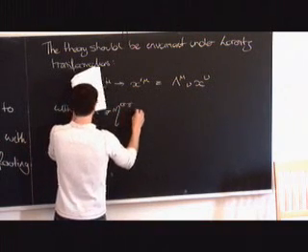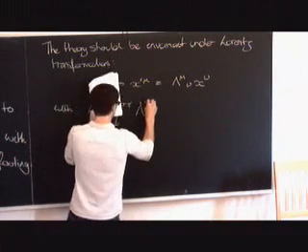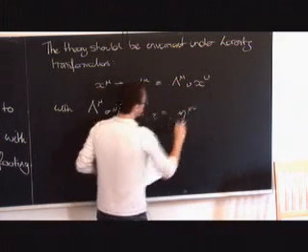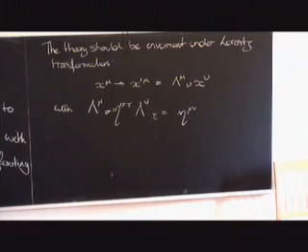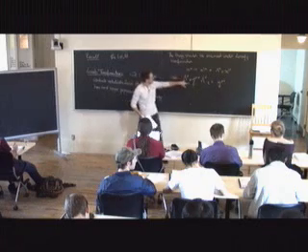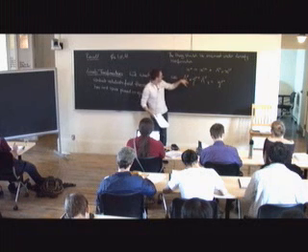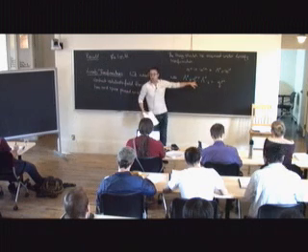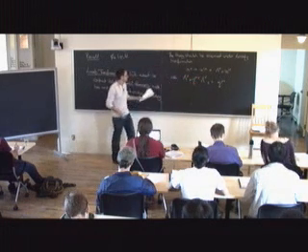Okay, so any matrix, capital Lambda, which obeys the following equation, where eta, of course, is the Minkowski metric here, is a Lorentz transformation. Okay. So just some examples.